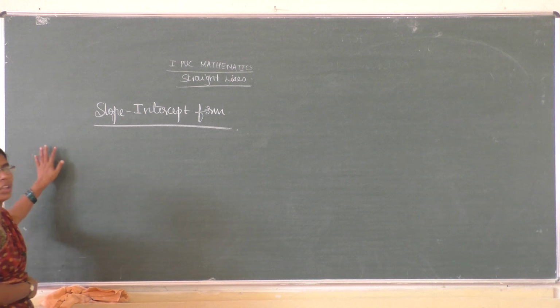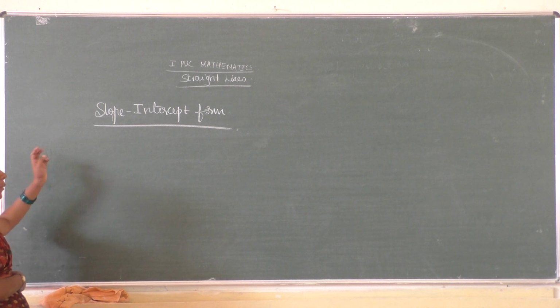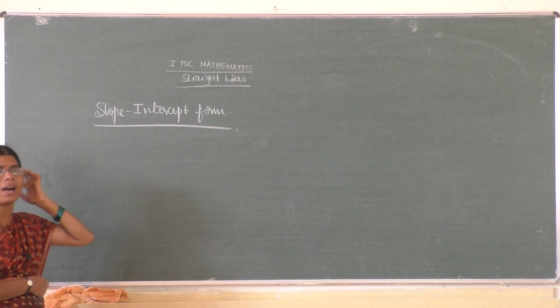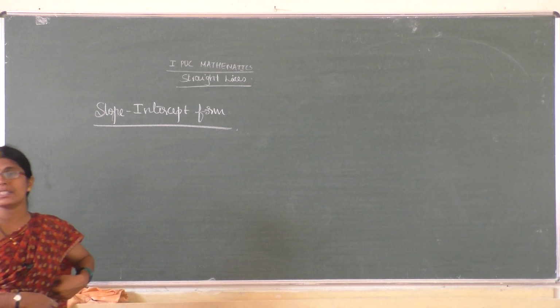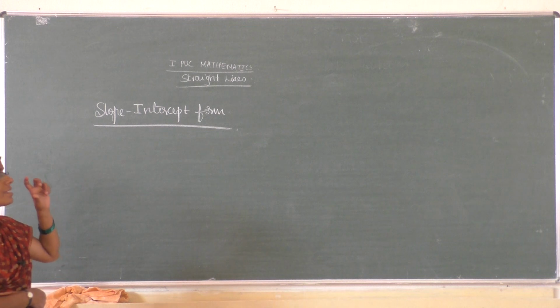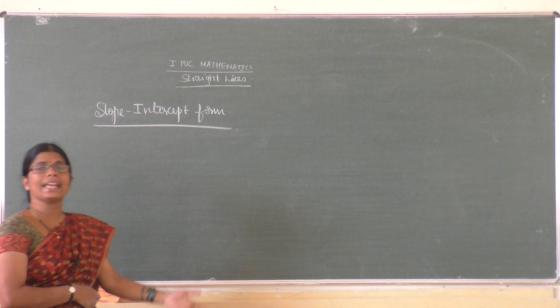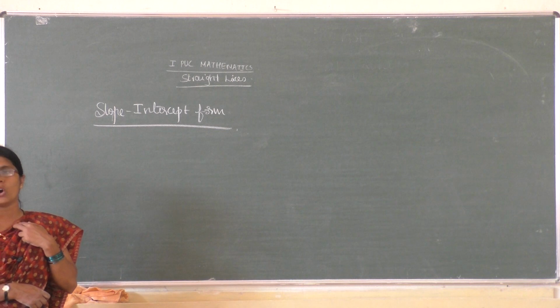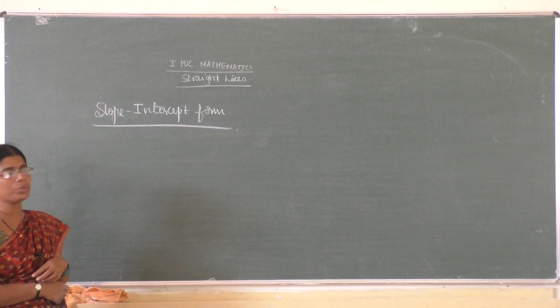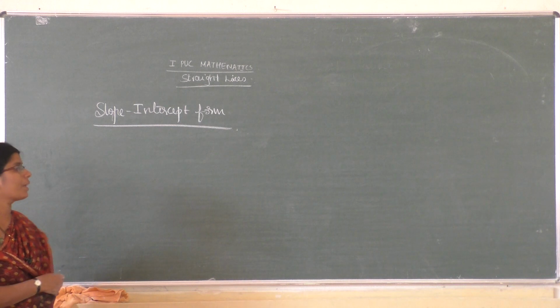So here, suppose a line with the slope m, okay, cuts the axis. Then you have to consider the two cases. Case 1, suppose a line cuts y axis at a distance of c from the origin, where that c is a y-intercept, okay. Then you have to take the equation. Case 2, suppose a line cuts x-axis at a distance of d from the origin, okay. Then you have to take the equation in the slope-intercept form, okay.